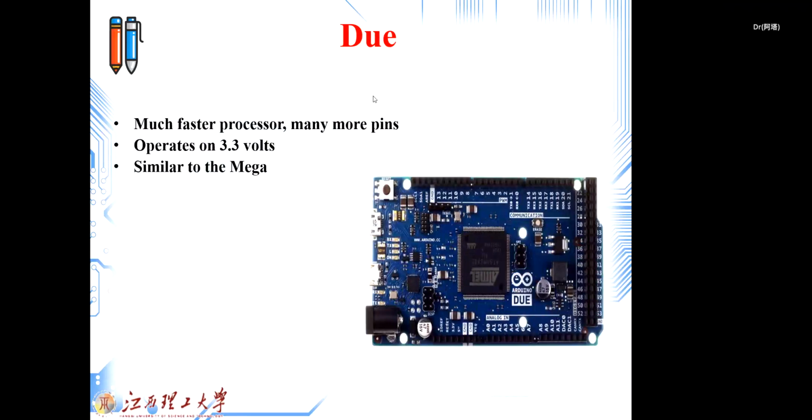Due was a nice one which used the ARM processor, a faster processor, and used 3.3 volts. This board is very similar to Mega in the number of analog and digital pins, but my experience with this board is very bad because when I wanted to use the analog reading, it was terrible, I can say. Even though the resolution is higher, Due was not working well and it has lots of noise.